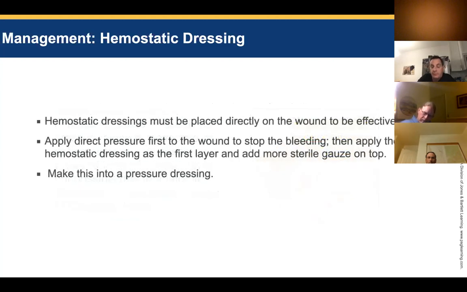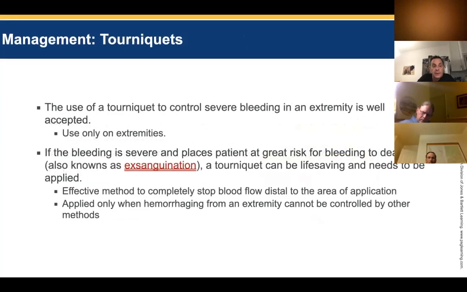So we're just gonna kind of blow through the rest of this. Tourniquets: the use of a tourniquet to control severe bleeding is extremely well accepted, used only on extremities. If the bleeding is severe and places the patient at great risk for bleeding to death, a tourniquet can be life-saving and needs to be applied.